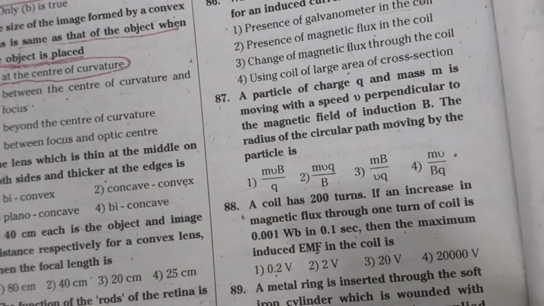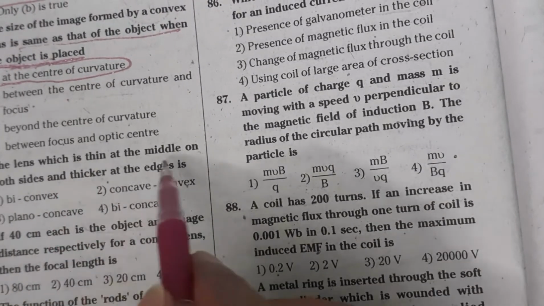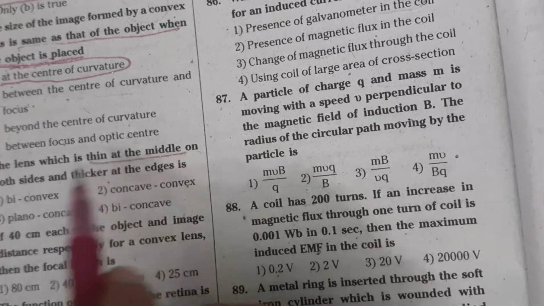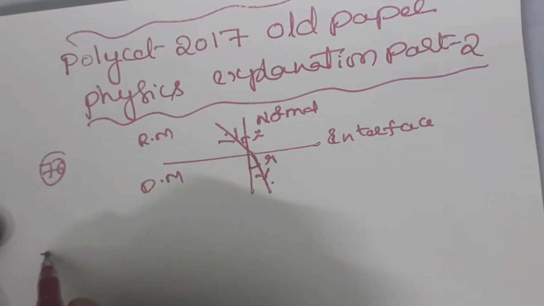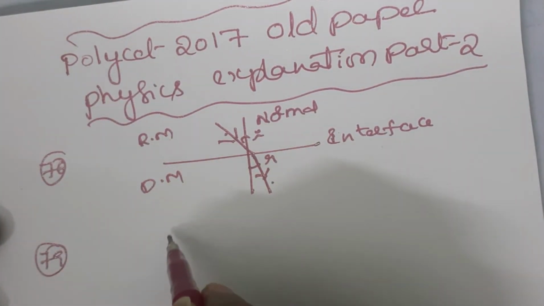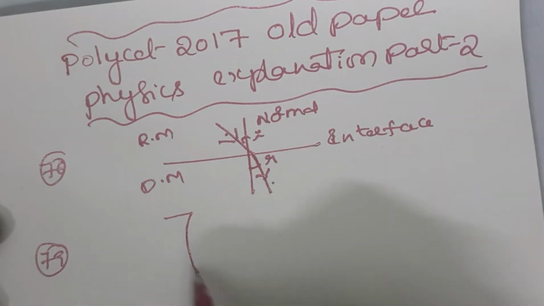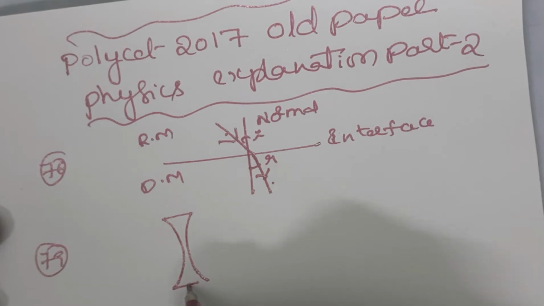Next, 79, students. The lens which is thin at the middle on both sides and thicker at the edges. Now you can see this in the form of a diagram. These two are the edges.